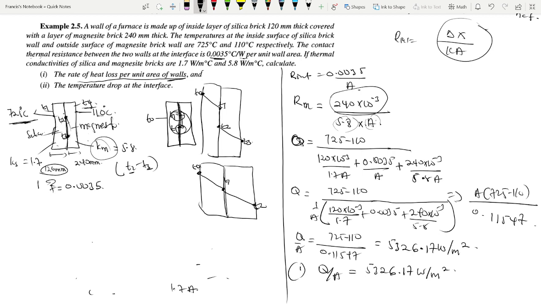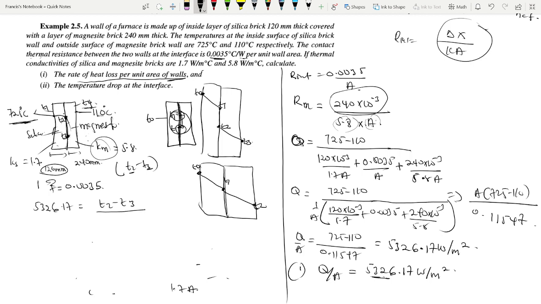So now we have the overall heat, and this heat is actually equivalent to the heat drop from this point to this point. So now we can equate this and see that our 5326.17 is equal to the heat drop from here to here, which will be T2 minus T3 all over the resistance, right?